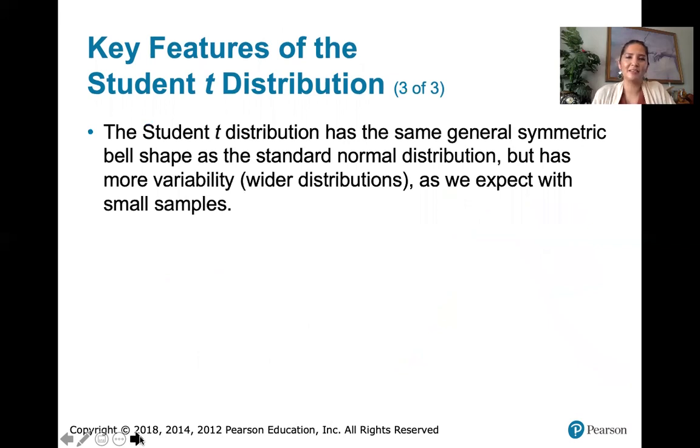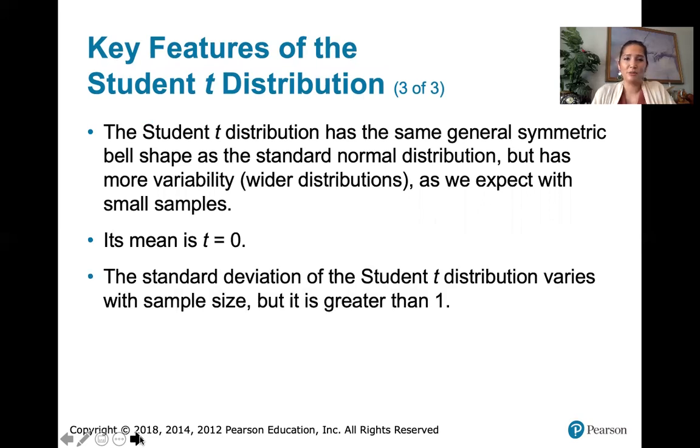Okay, so we just talked about this. It has the same general shape. It's a bell-shaped curve, but it's wider. It's more spread out. And that's what we would expect whenever we have small samples and we're computing means with small samples. The mean of the student t distribution is 0, which is similar to our standard normal distribution, but the standard deviation of the student t distribution varies with sample size, but it's always greater than 1.